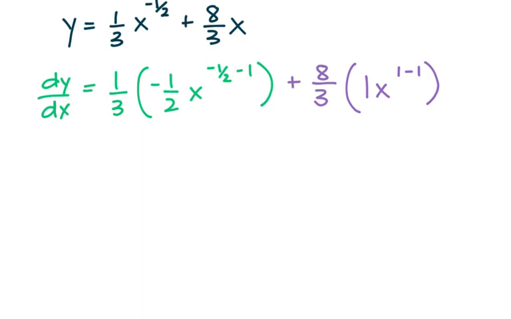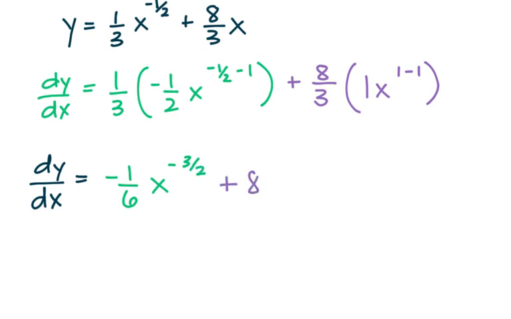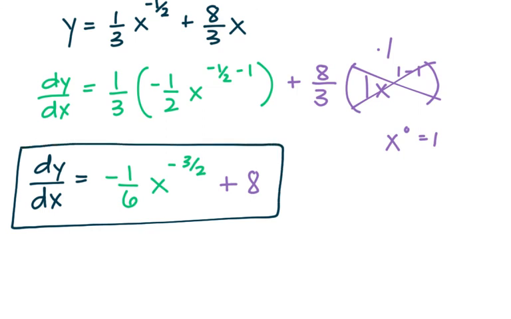And the way this will simplify here, dy dx equals negative 1/6. Negative 1/2 minus 1 is x to the negative 3/2. Then I have plus 8, because 1 minus 1 is 0, and x to the 0 is equal to 1. So essentially we have times 1 there. So this is fine as my final answer.